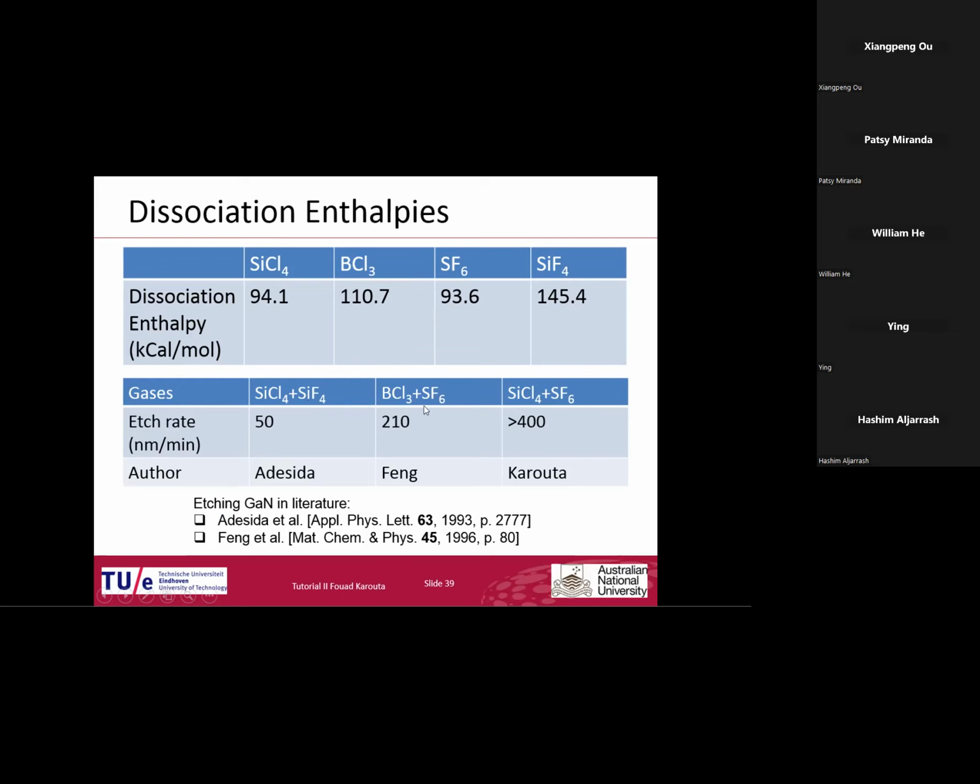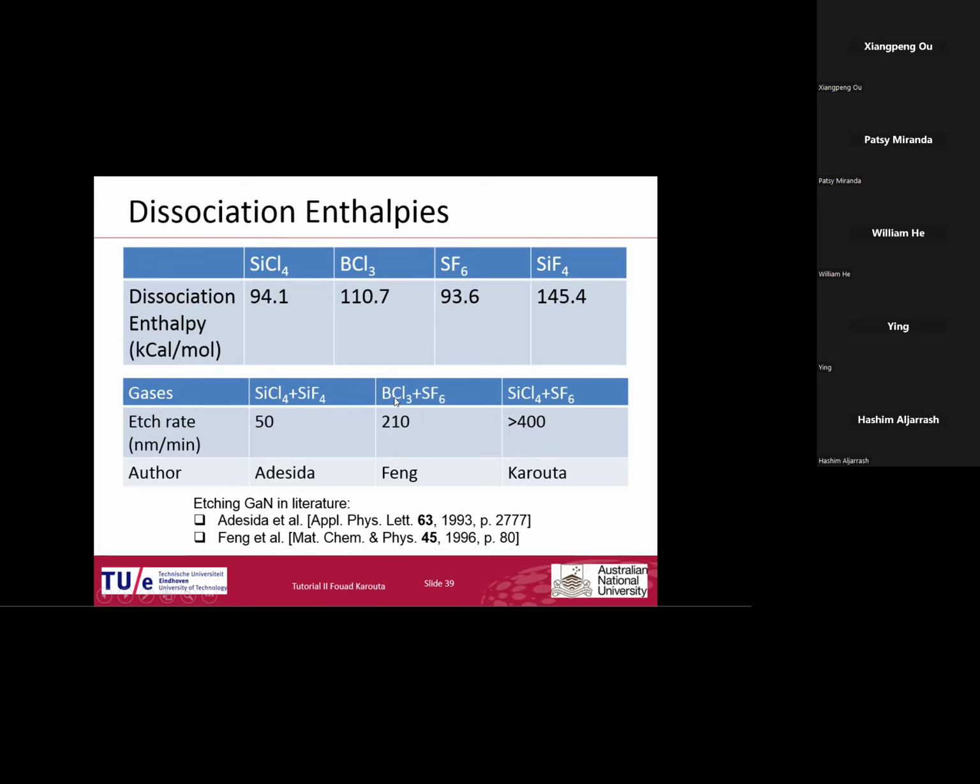But another person who was using BCl3 and SF6, he managed to get increase of etching rate. And he reported 210 nanometer maximum etch rate at 300 watt. I found at 300 watt, 400 nanometer etching rate with this combination.